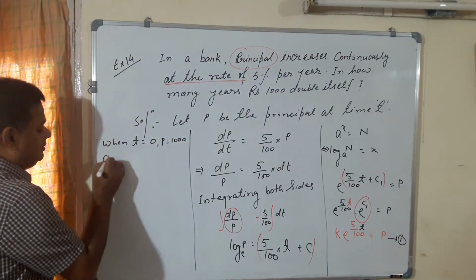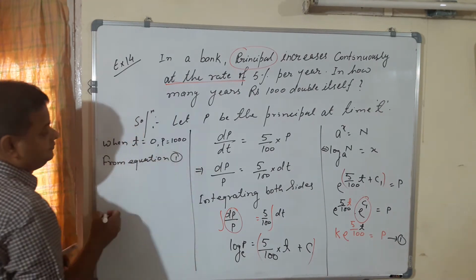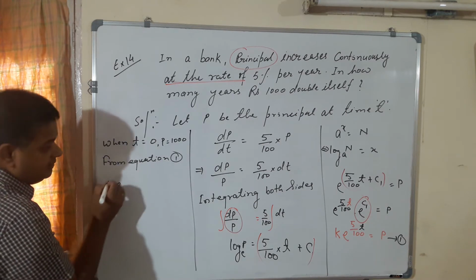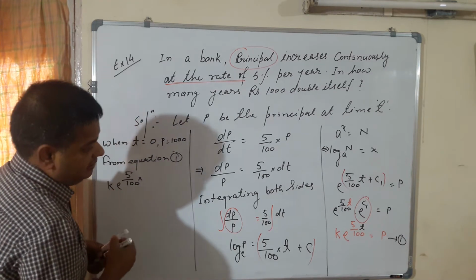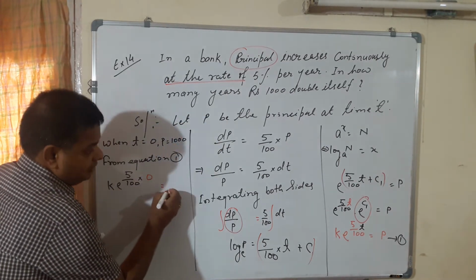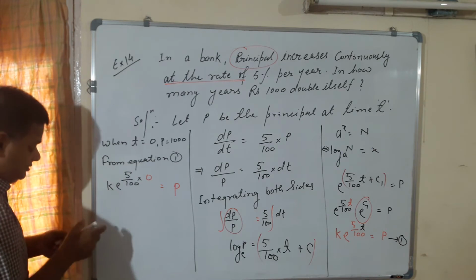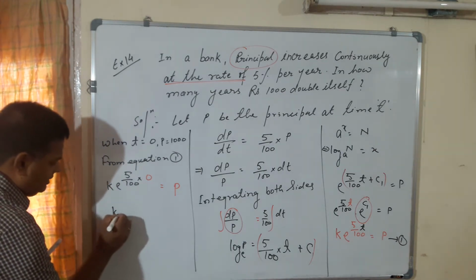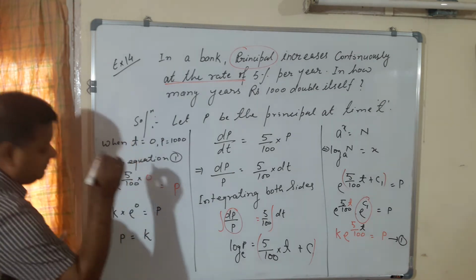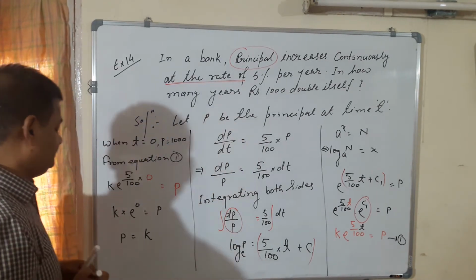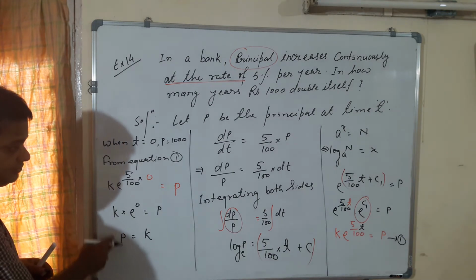From equation 1, k e raised to the power 5 by 100 into 0 is equal to P. So e raised to the power 0 is 1, so P equal to k, where k is a constant.